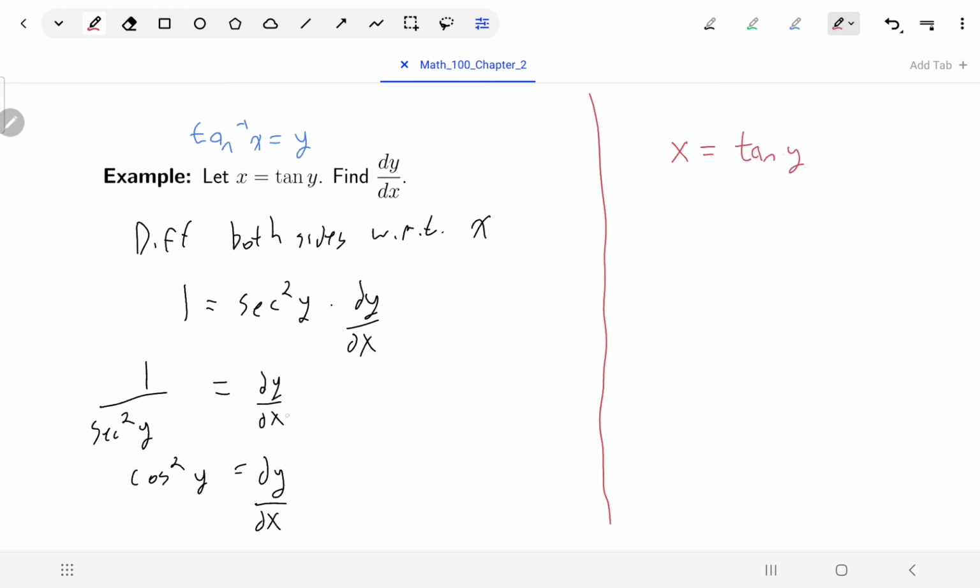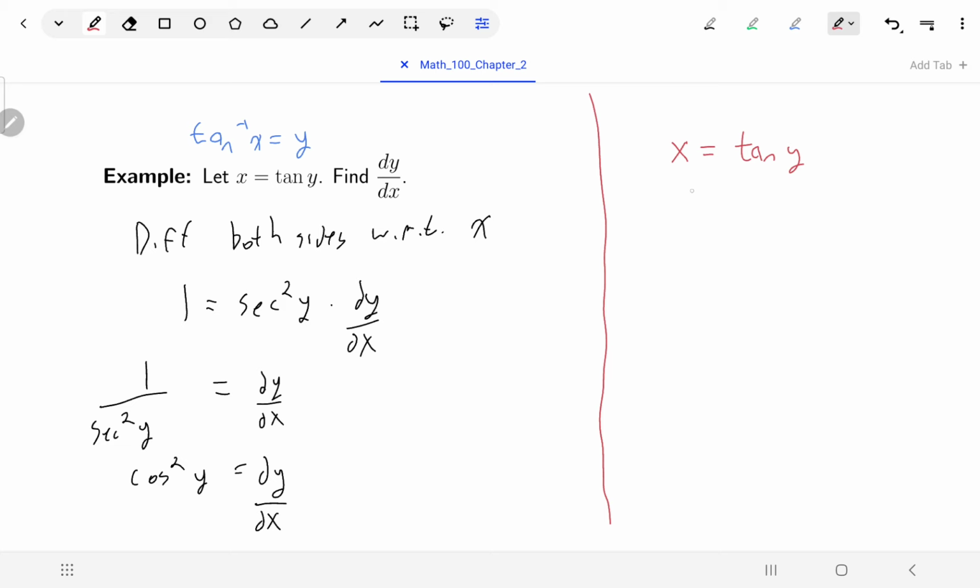And I know my derivative is in terms of either cosine squared of y or secant squared of y. And I happen to know, of course, there's a relationship between tangent and secant, and that's our Pythagorean identity: secant squared is tangent squared plus 1.